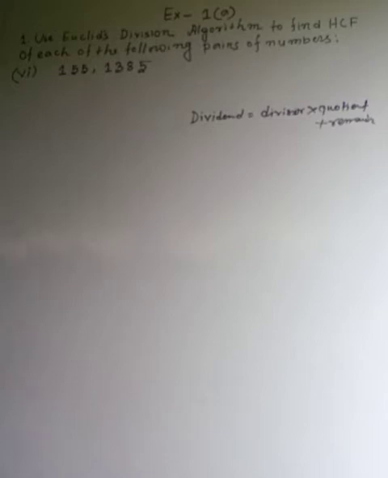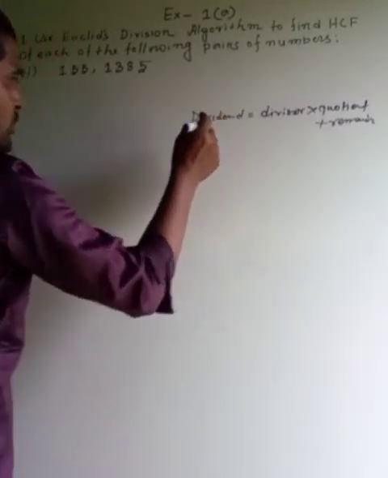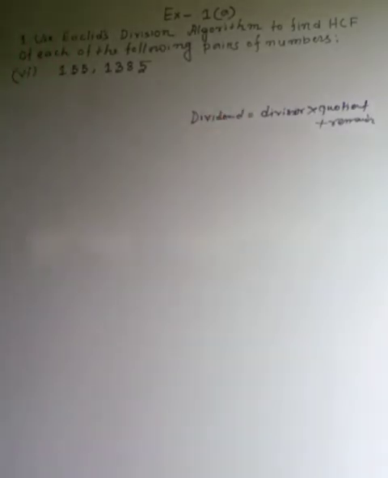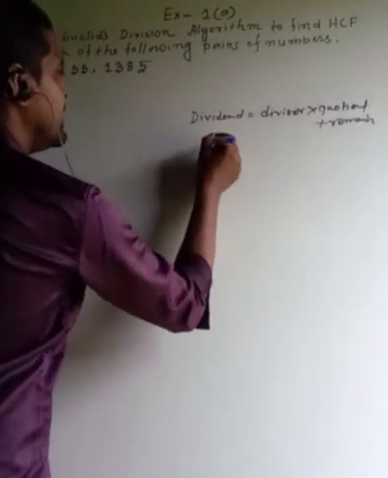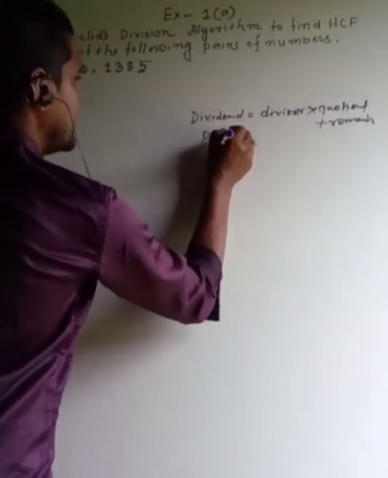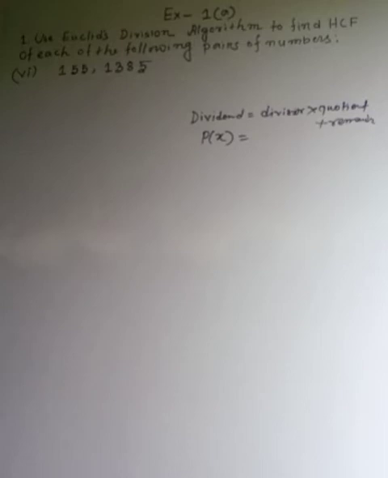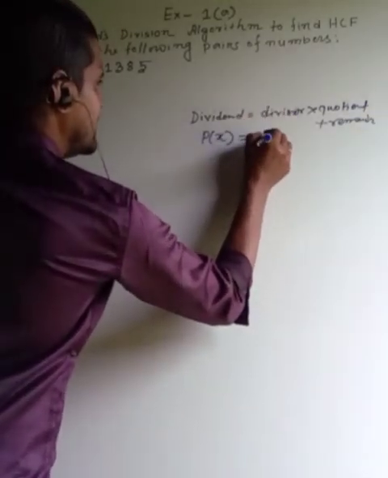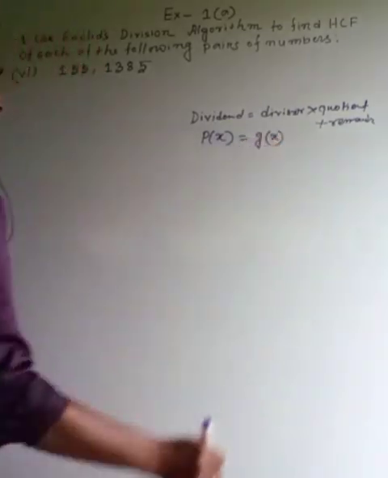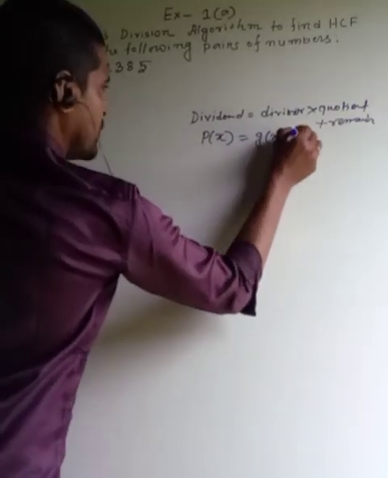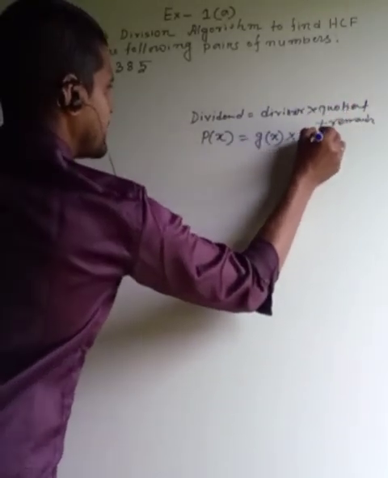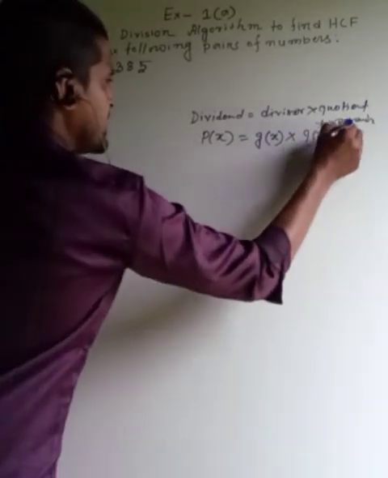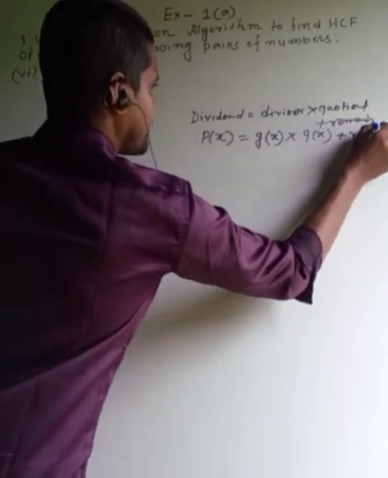This was one formula. Suppose dividend is p(x), divisor is g(x), quotient is q(x) and remainder is r(x).